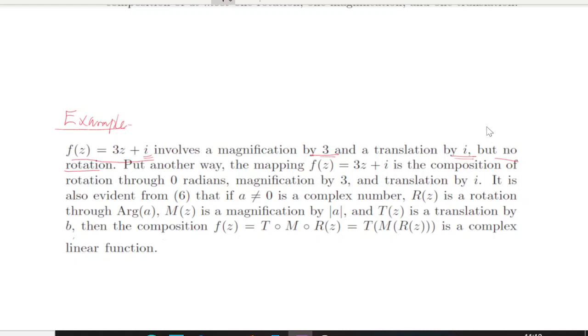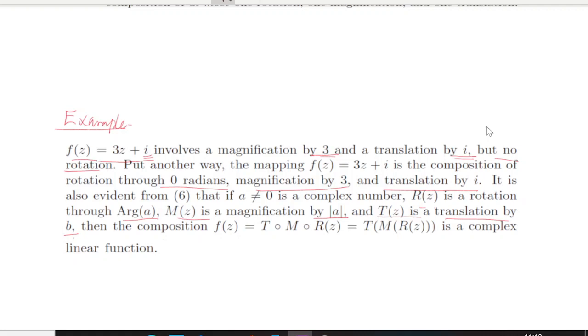Now put another way, the mapping f of z equal to 3z plus i is the composition of rotation through 0 radian, right? No change now. And magnification by 3 and translation by i. Now if a not equal to 0 is a complex number, the rotation R of z is a rotation through argument of a. We have already seen. And M of z is a magnification by mod a, and T of z is the translation by b.